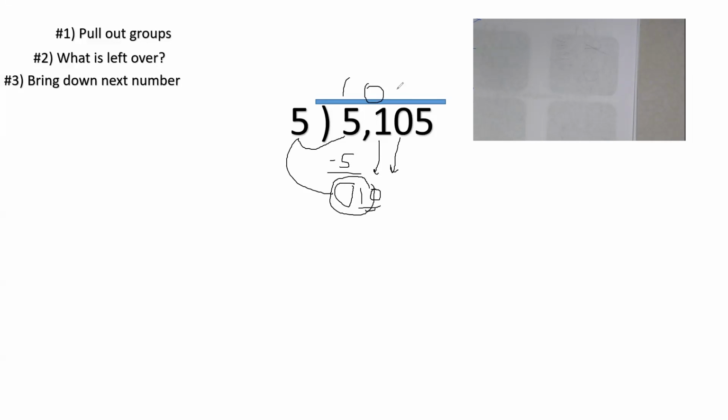How many 5s are in 10? 2. What's left over? Well, when you took 10 away, nothing's left over. Bring down the next number. How many 5s are in 5? 1. What's left over? Nothing. Okay? All right. Let's move on.